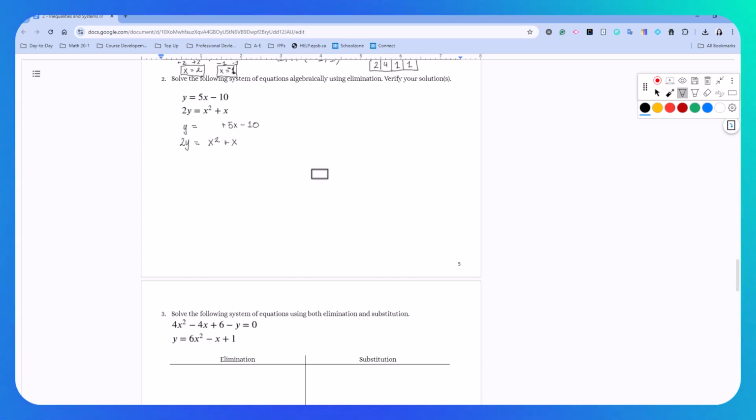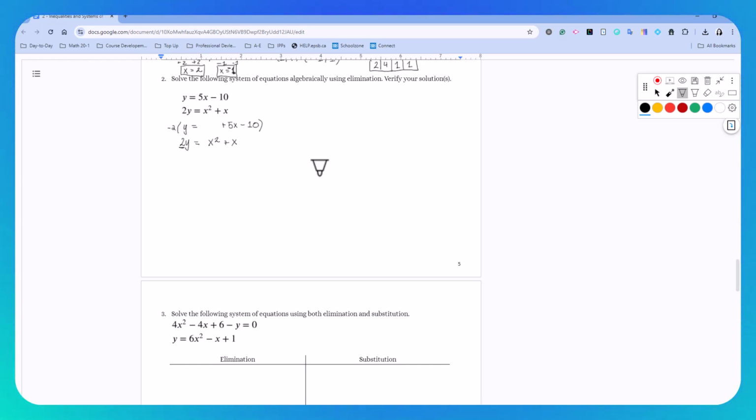But the y's do not have the same coefficient. So the way that we can make the y's equal and opposite in sign is by multiplying the first equation by negative 2, because the coefficient here is 2 and the opposite of 2 is negative 2.